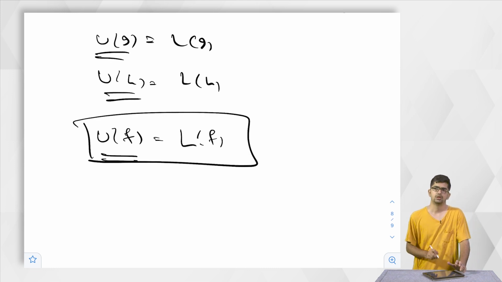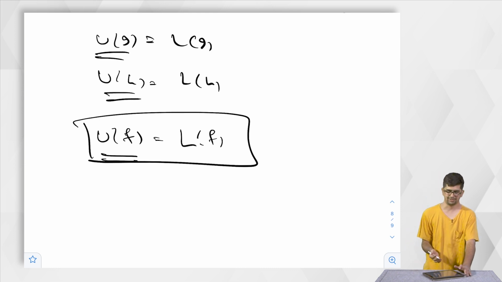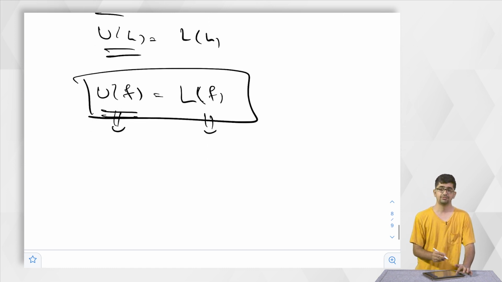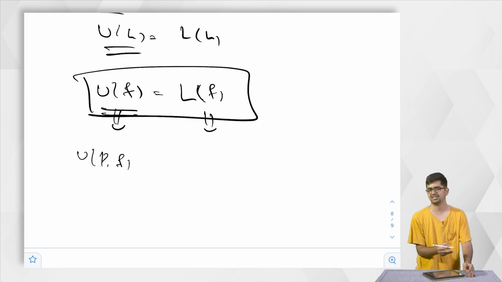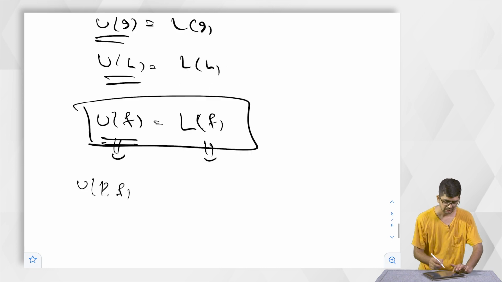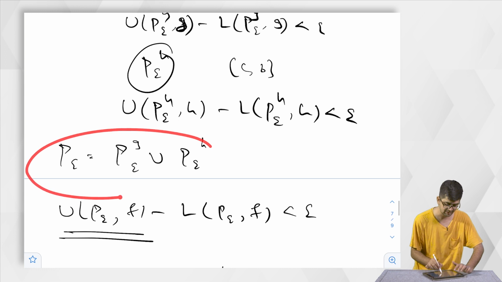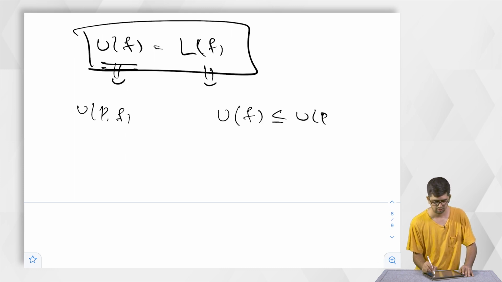Now observe the following. You need to remember the formula for U(f) and L(f) also. U(f) is the infimum of U(P,f) where P is any partition. So, in particular for this P_epsilon that we have considered here, U(f) is less than or equal to U(P_epsilon,f).